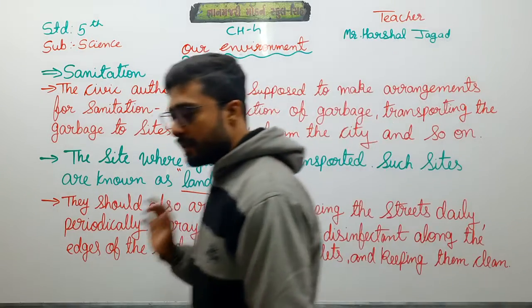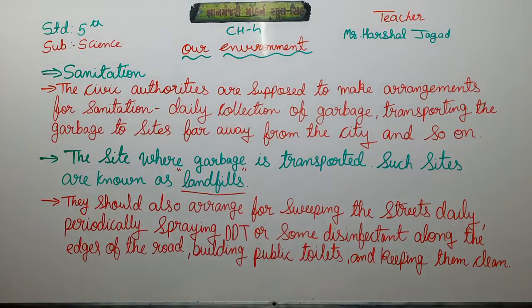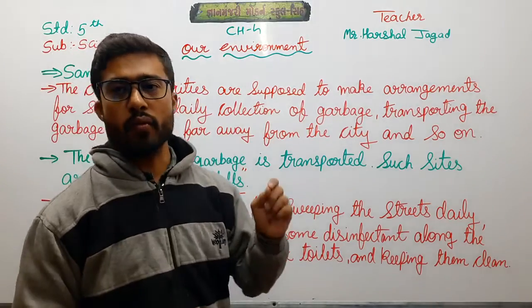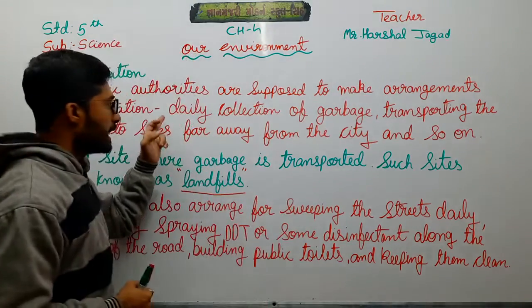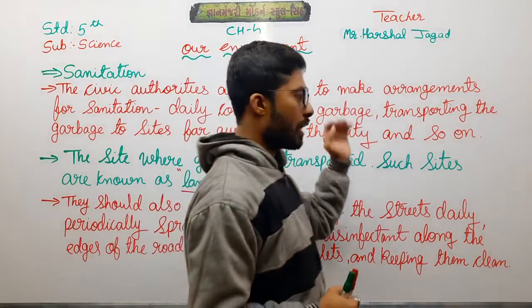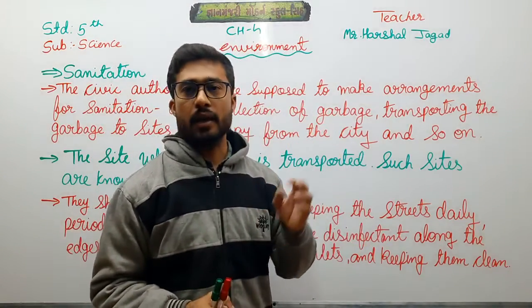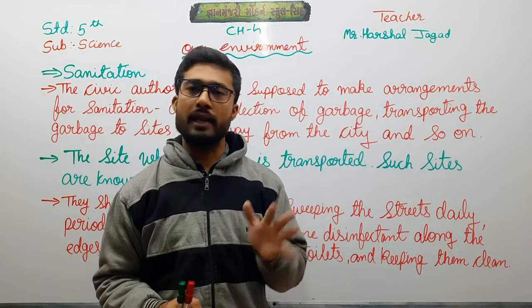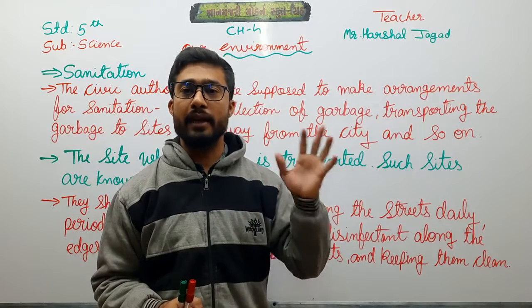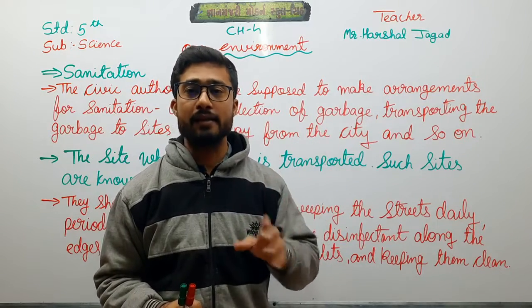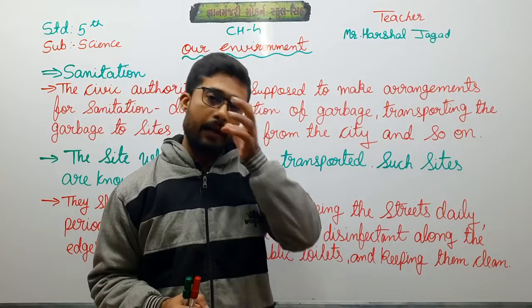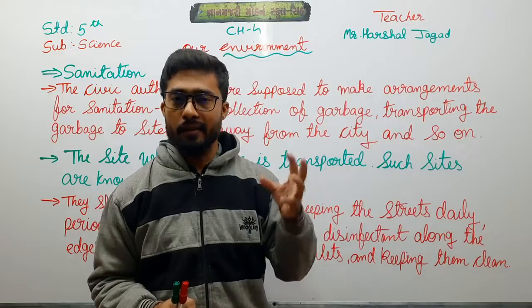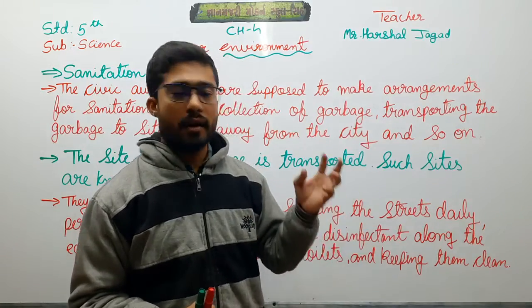So let us see again about sanitization. First of all, these authorities have to make arrangements for daily collection of garbage. We know that in our respective areas, respective societies, a garbage collecting car comes to collect all this garbage.